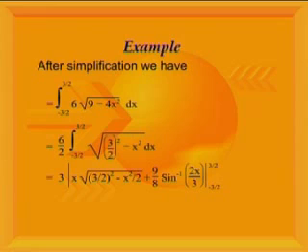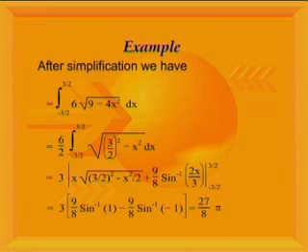Substituting these limits, we get 3 into 9 over 8 sine inverse 1 minus 9 over 8 sine inverse of minus 1. Please note, the very first term becomes 0 when we put x equal to 3 by 2 or minus 3 by 2.